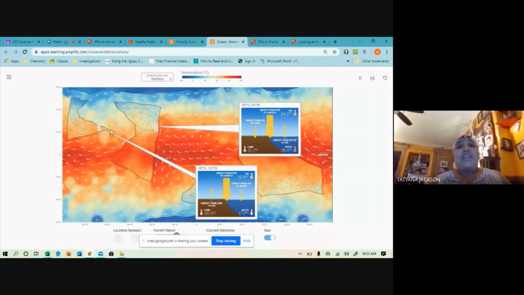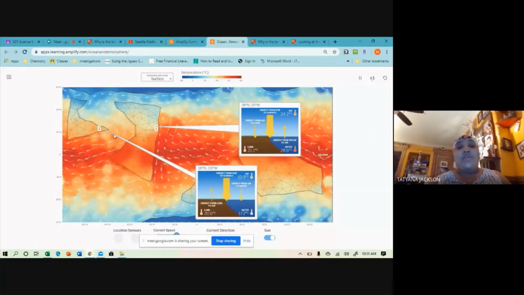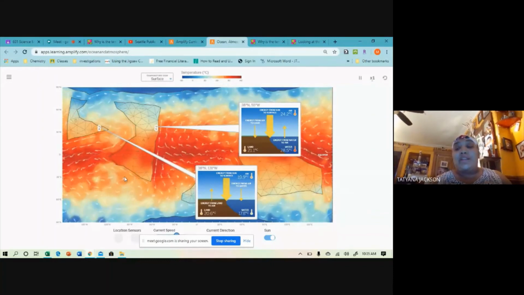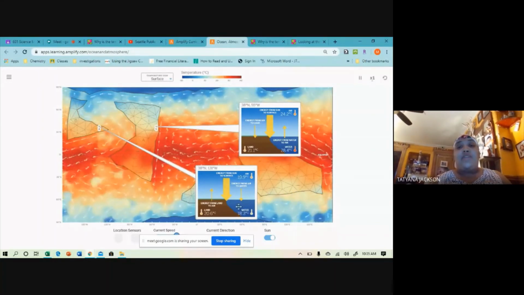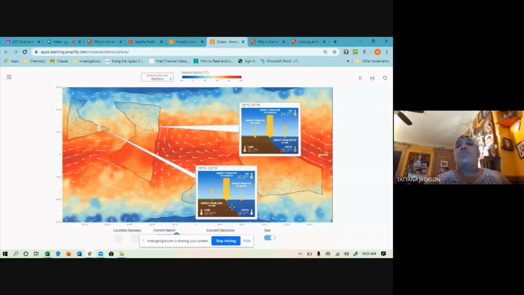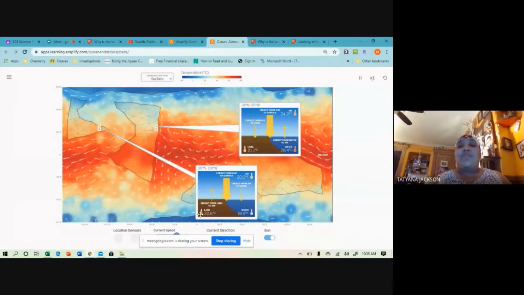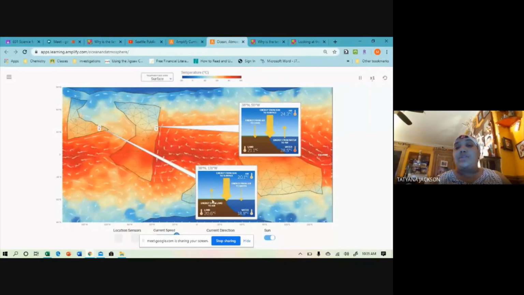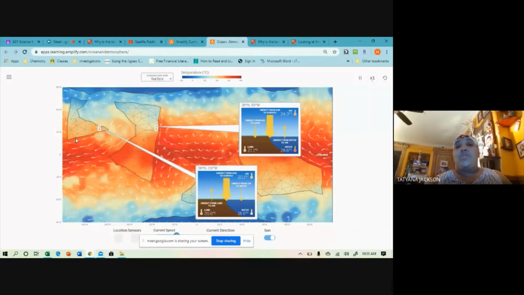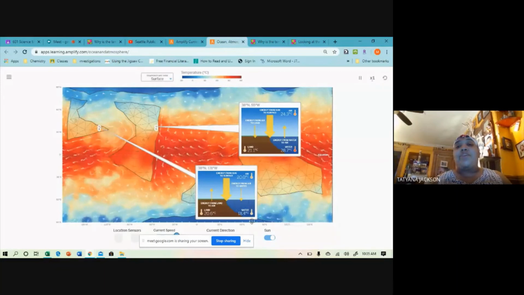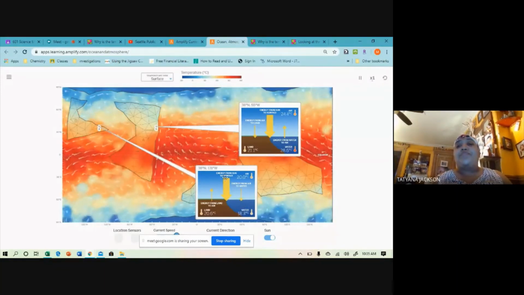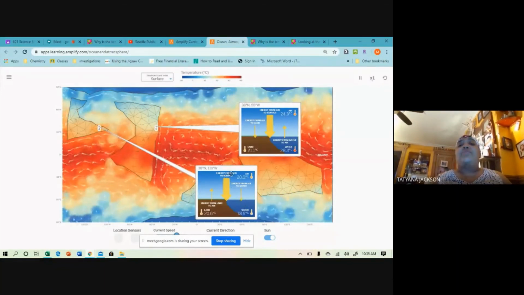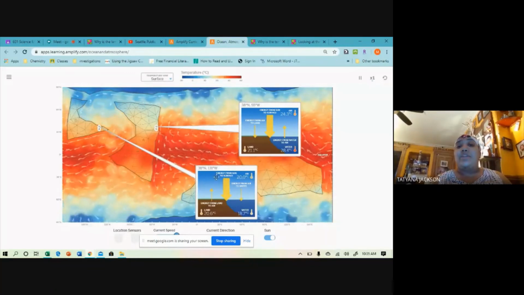That's making it colder over here than we would expect, which is why the water temperature is lower than expected. We would expect it to be around 20 to 21 degrees based on the location. However, because the water is cooler, we have this cooler than expected air temperature.